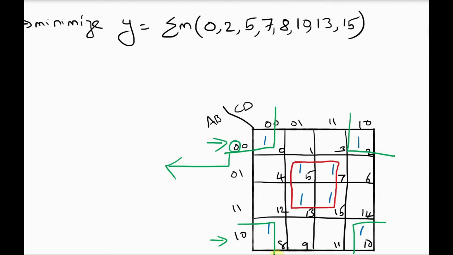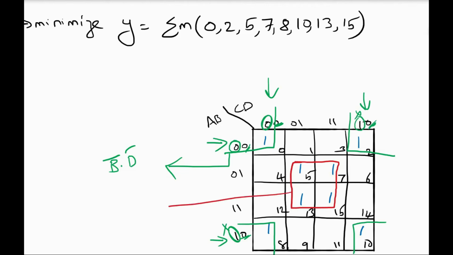The value of A is changing, so we cannot take it, and the value of B is same, that is 0, so the answer is B bar. Multiplied by column value, first column and last column. The value of C is changing from 0 to 1, so we don't take it, and the value of D is same, 0, so multiplied by D bar.